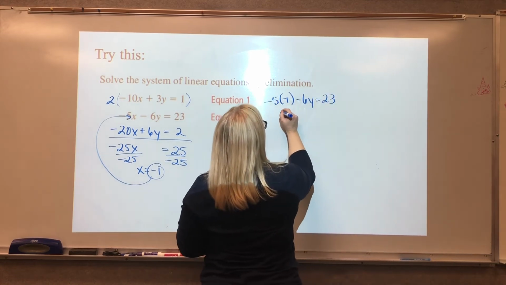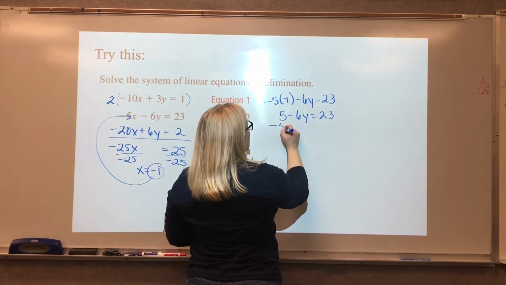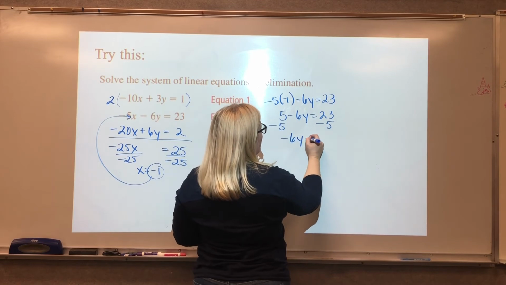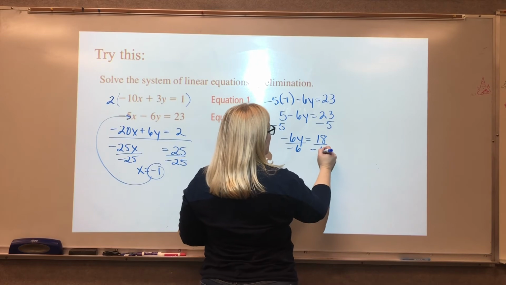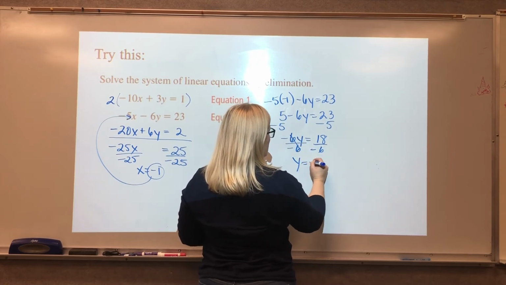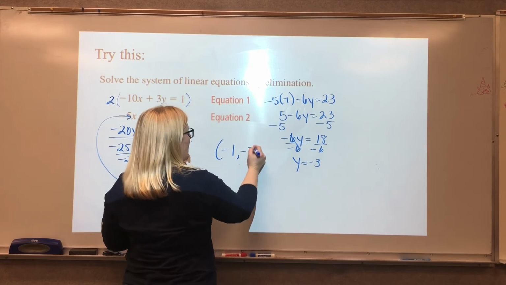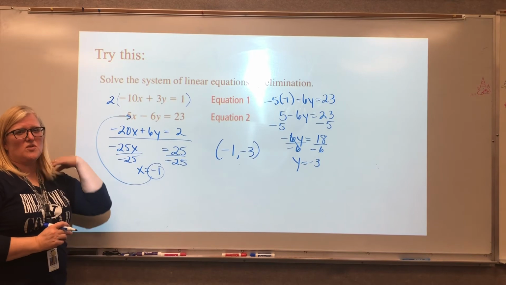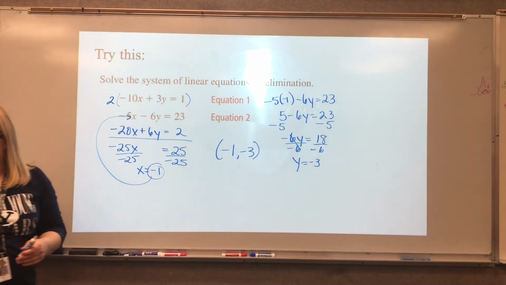So this is 5 minus 6y equals 23. Subtract 5 from both sides. Negative 6y equals 18. Divide by negative 6, y equals negative 3. So negative 1, negative 3 is my solution to this one. I know I'm doing a lot of these. I hope this isn't getting too boring, but it's really important that you guys know how to do this.